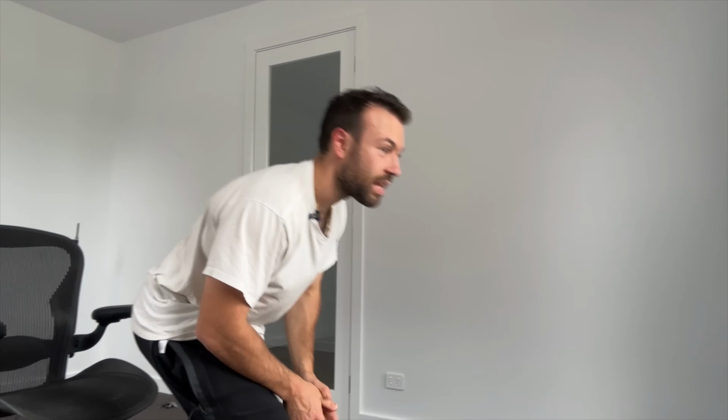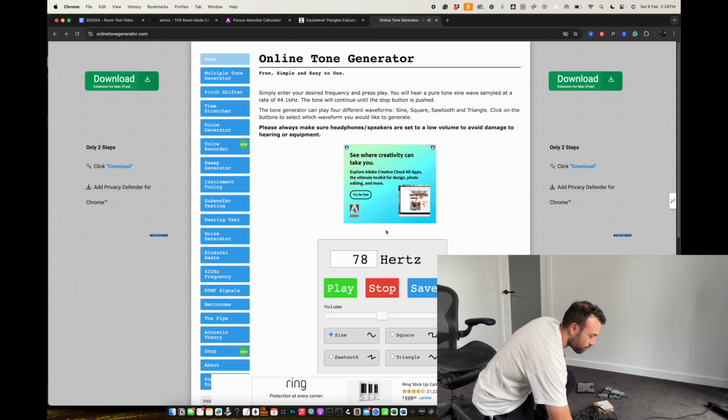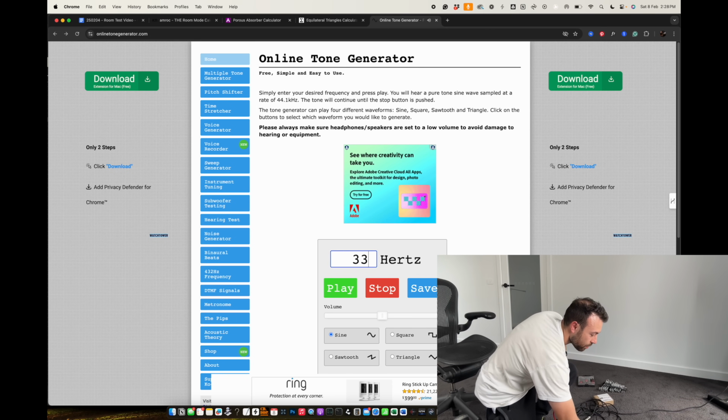When I'm here, that 0.375, it completely dips out. So I reckon I'm going to bring that listening position back to about here, because right there, it's just a hole. Whereas right in the middle, it's not. But I'm curious how, because that's almost the middle of the room, something like 33 hertz.